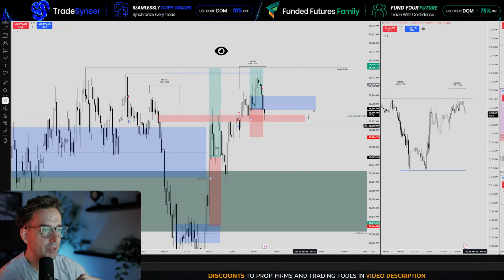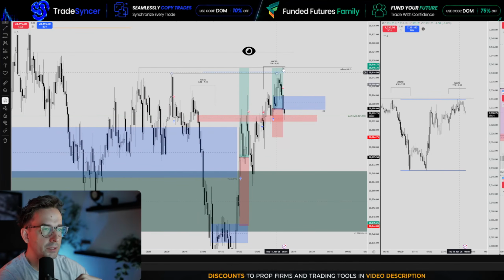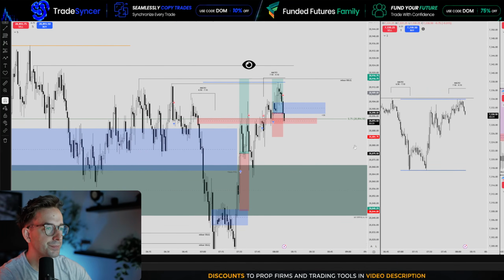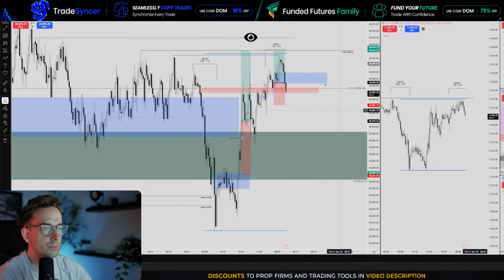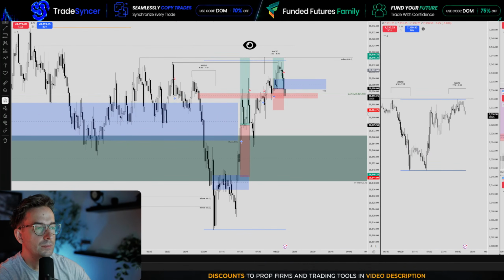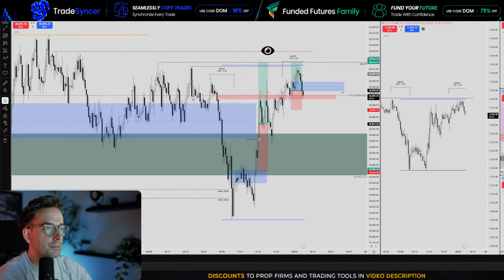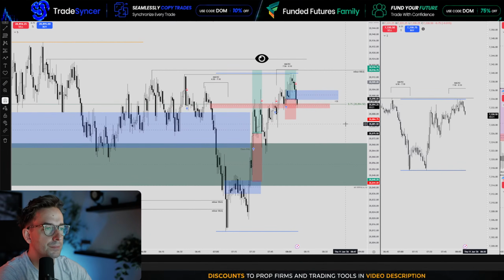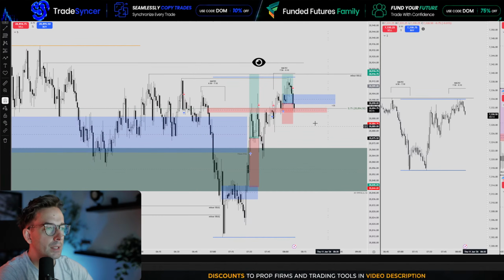this high probability fair value gap. You can see here, it just created a pool of liquidity. Could this be for PPI? It could be. Let's see how it's going to respect this high probability fair value gap here.